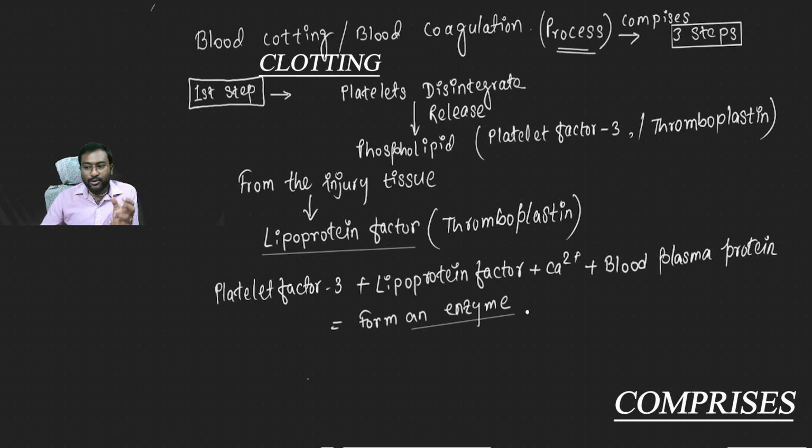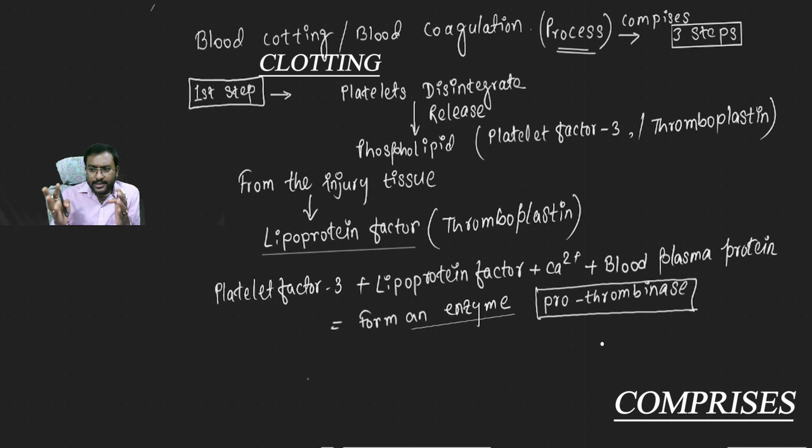This enzyme is known as prothrombinase. So this is the first step of the blood clotting, or blood coagulation, process.